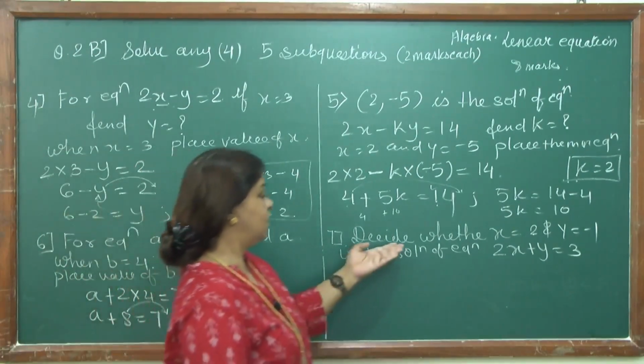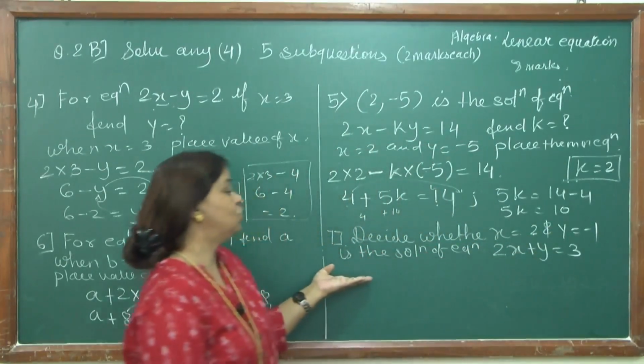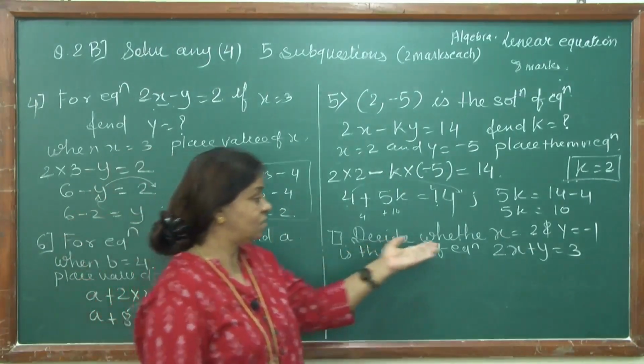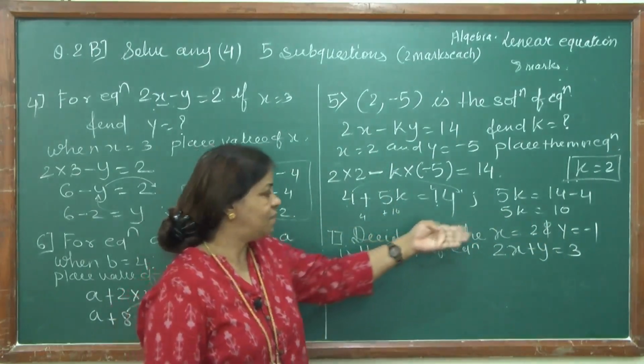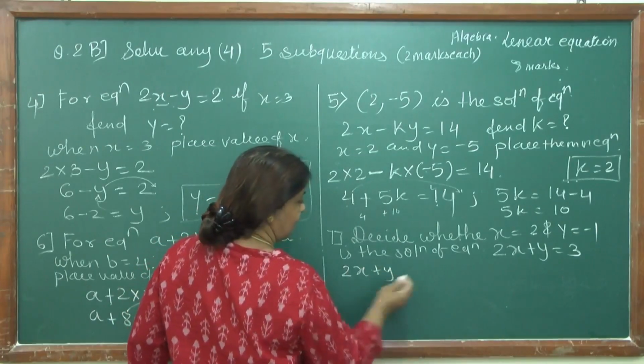In this case, decide whether x is equal to 2 and y is equal to minus 1 is the solution of the equation or not. Solution of the equation means whether x value and the y value is 2 and minus 1 or not. Let us place that value. Take the equation 2x plus y left hand side.